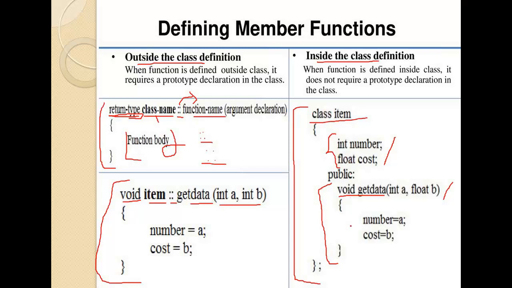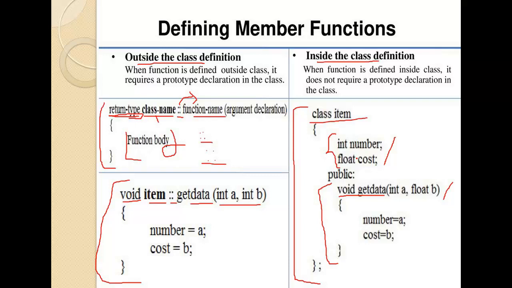Whereas for all the functions, just like in the previous C programming, we need to give the return type. If it is a member variable, no problem, we can declare it like this. If it is a member function, it has two concepts: one is function declaration, another is function definition. Function definition again has two types.